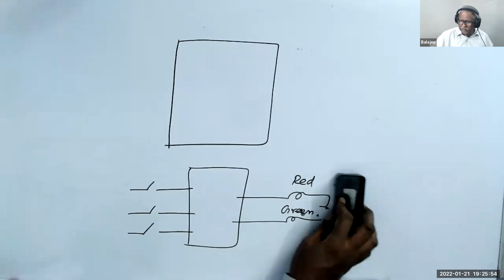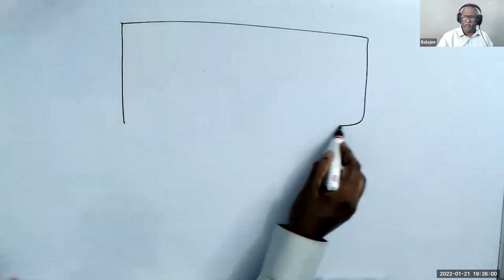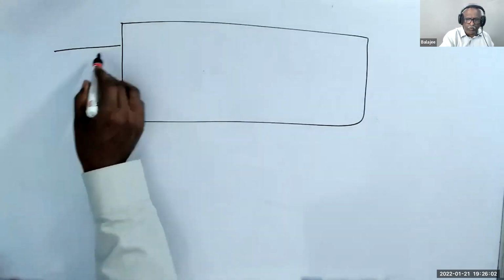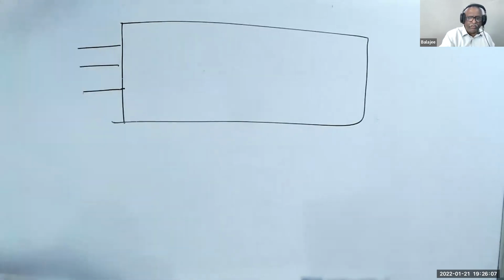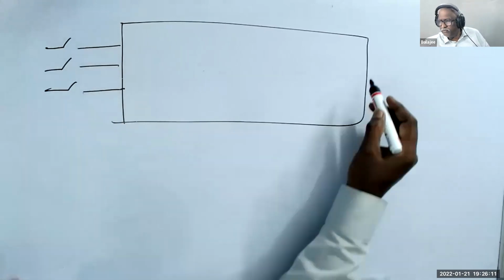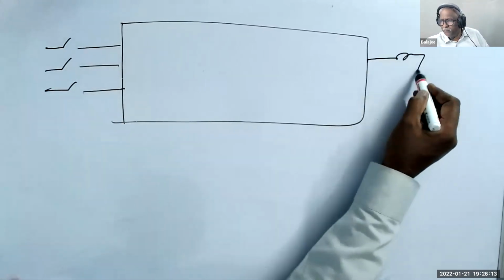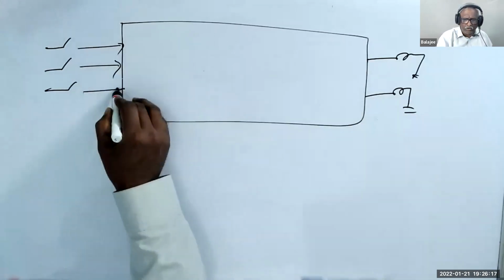Let me draw it slightly bigger, then you will understand. Please understand, I have three inputs. I have three switches here. And I have two bulbs here. So there are three electrical inputs and electrical outputs.